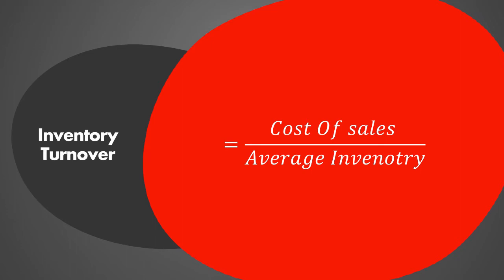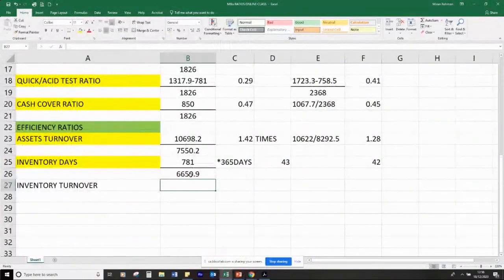A very similar ratio. It gives us almost the same result, in a slightly different way. This simply measures how many times we sell our inventory. That was days, but this gives us times, how many times: cost of sales divided by inventory. So it's simply the other way around.